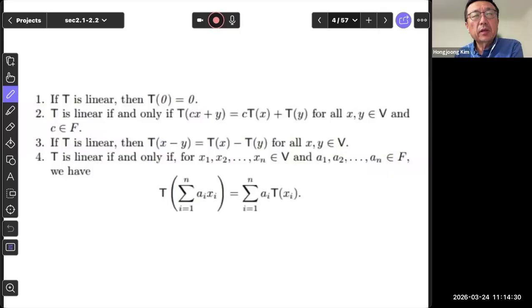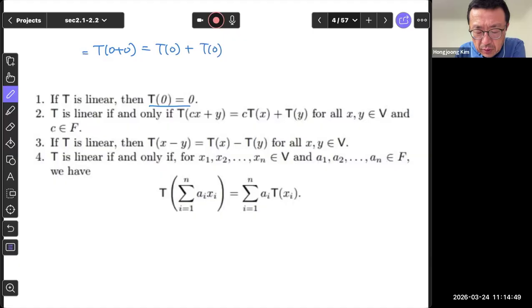Well, if T is linear, then T of 0 will always be 0, right? There are several ways to prove that. T of 0 plus 0 must be T of 0 plus T of 0, and that is T of 0.